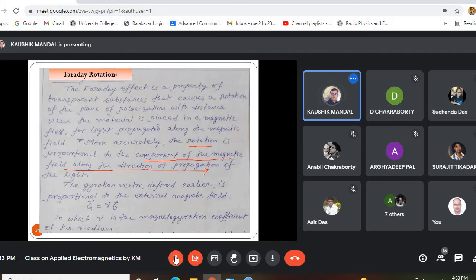So the rotation is represented by the gyration vector, which is directly proportional to the magnetic field vector B. This gamma is known as the magneto-gyration coefficient of the medium. So G equals gamma B.